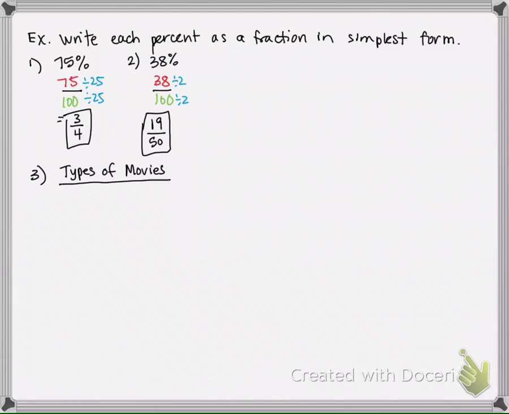It's going to tell us the percent of movies rented during a month. So we have action, we have children's, we have comedy.